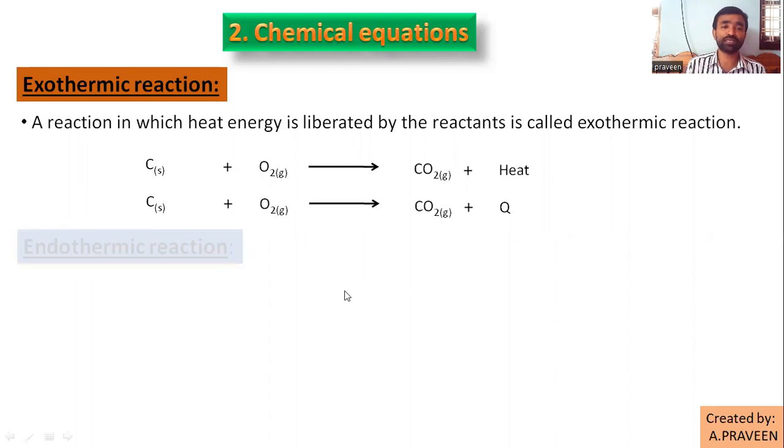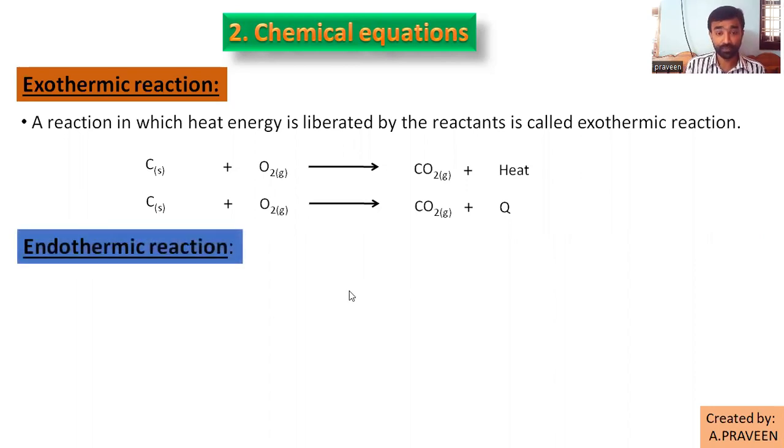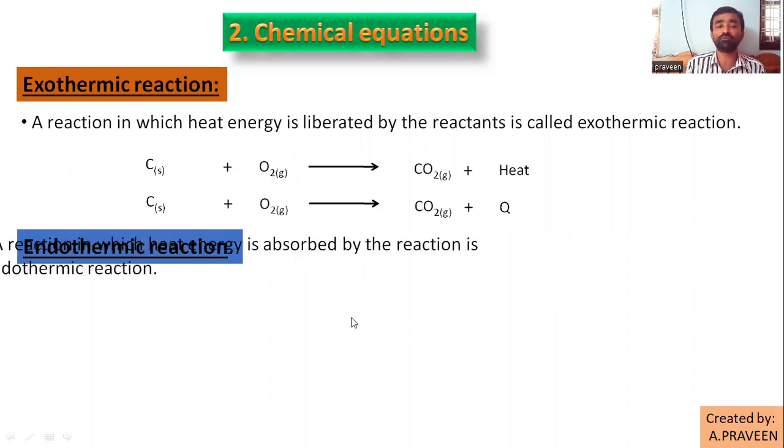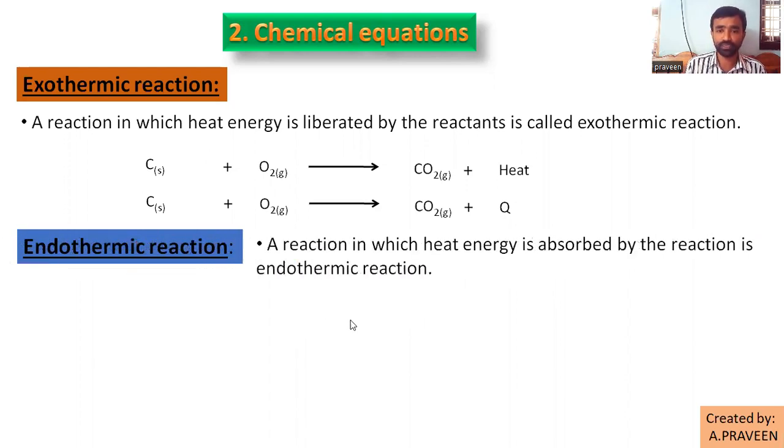Then the endothermic reaction. In any reaction, if heat is absorbed, or the reaction is taking place by absorbing heat energy, that reaction is said to be an endothermic reaction, right? How to observe it? After the change, the content loses heat energy and becomes cool.